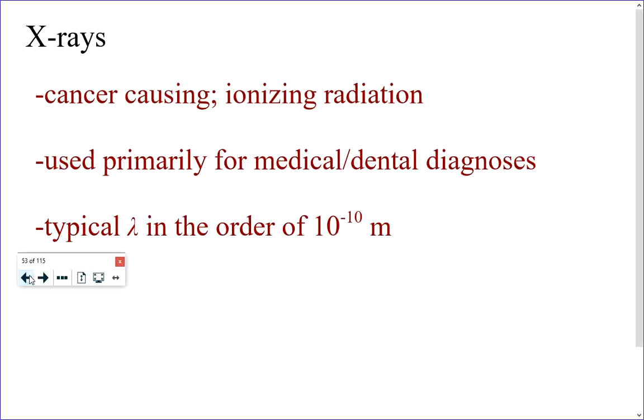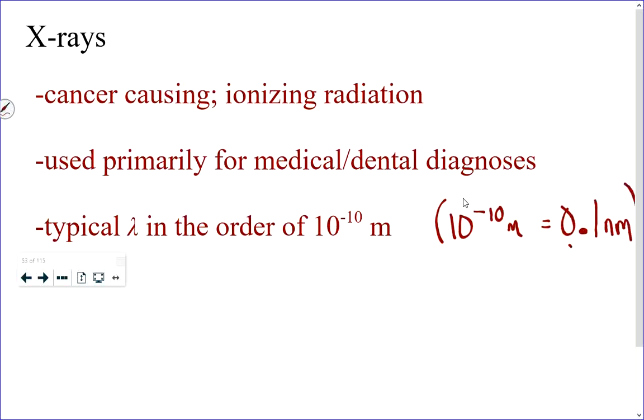You should maybe make a note that 10 to the negative 10 meters is a tenth of a nanometer. Which would mean, even though I didn't tell you this, something that's 10 nanometers would still be ultraviolet. It's only when we get down to less than a nanometer that we would call it X-ray.